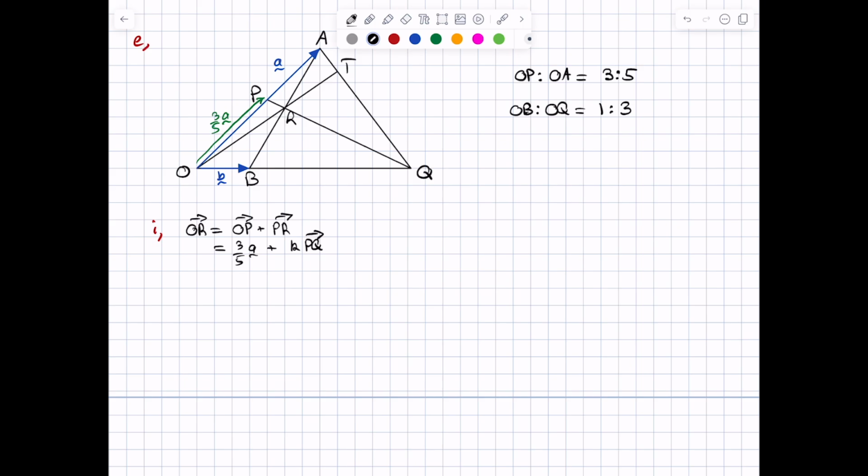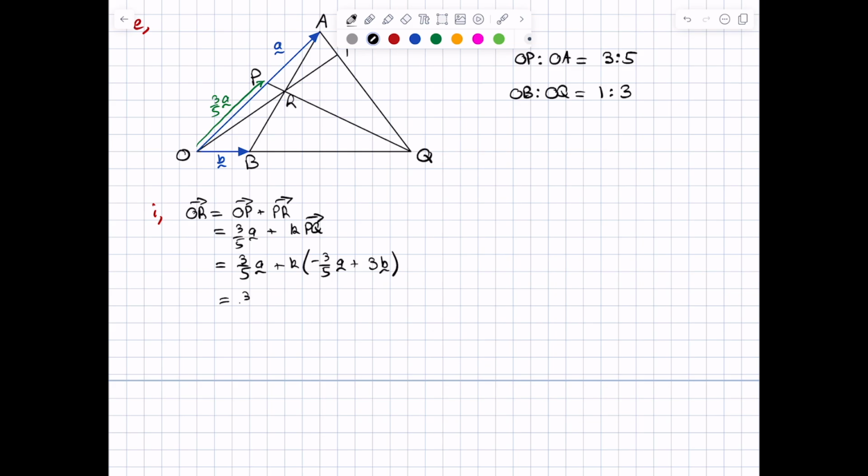But I can get from P to Q by going from P to O and then from O to Q. And that's a path that travels along vectors involving A and B. So I'll say that this is equal to 3/5 times A plus K into negative 3 on 5A plus, we said OQ was equal to 3B. And now just collecting the A's and the B's together, we'll get 3 on 5, 1 minus K times A plus 3KB.